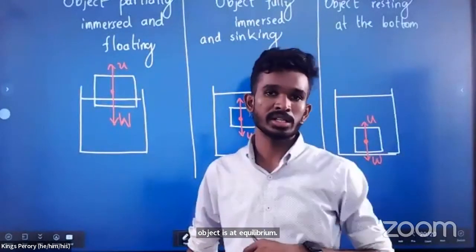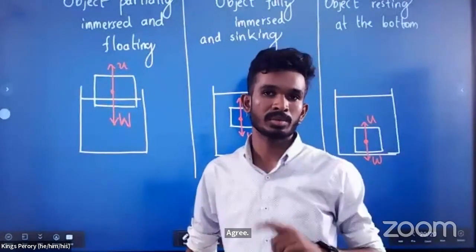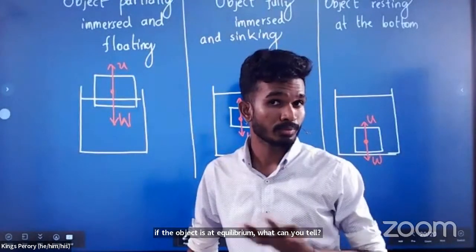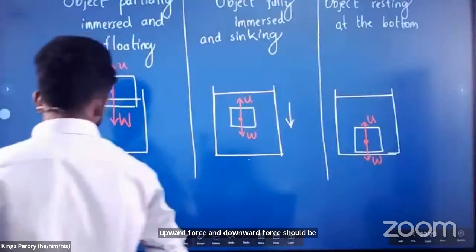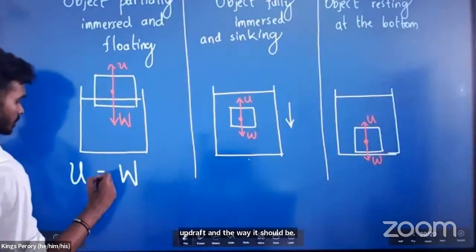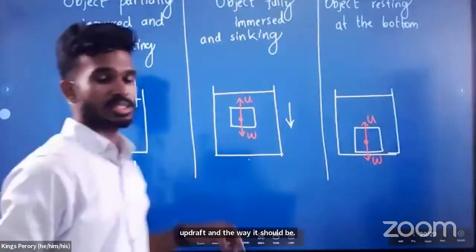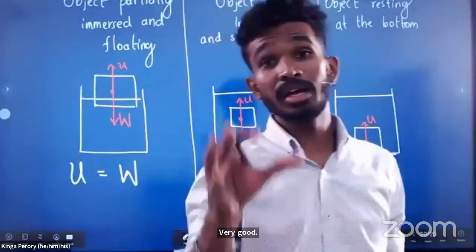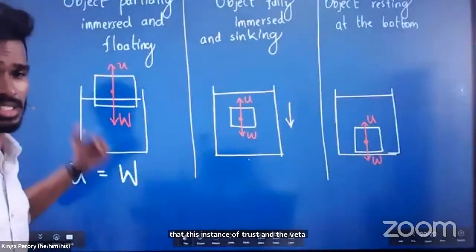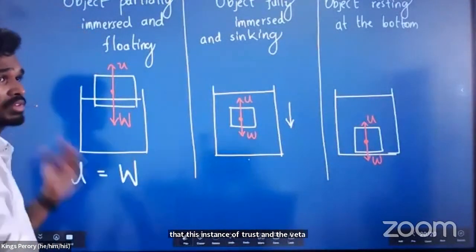If the object is at equilibrium, what can you tell? Upward force and downward force should be equal. Upthrust and the weight should be equal. So at this instance, upthrust and the weight are equal. Equilibrium. Makes sense? It's not moving anywhere.